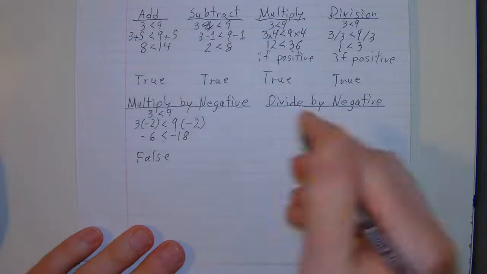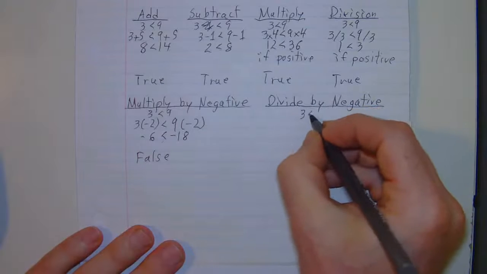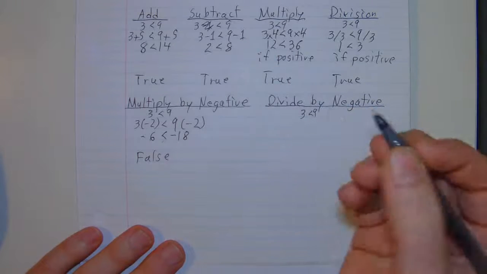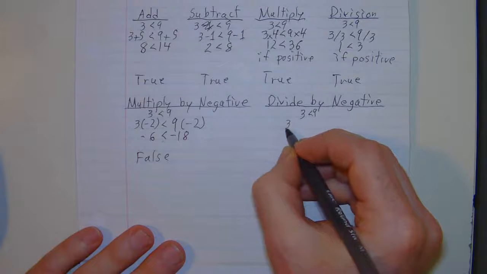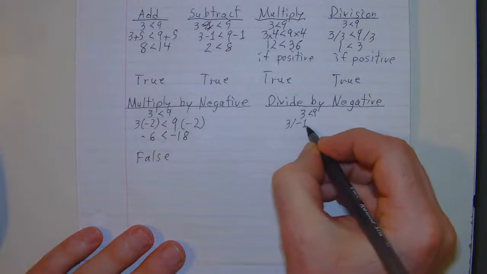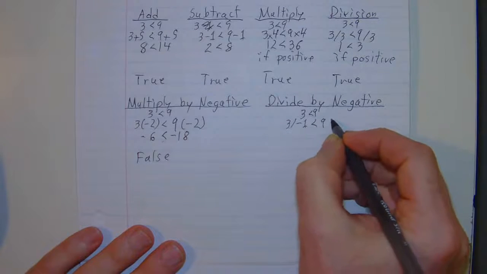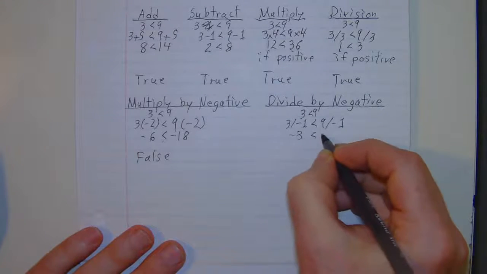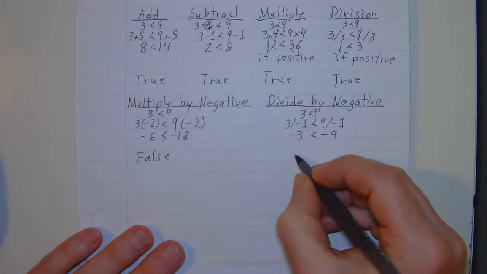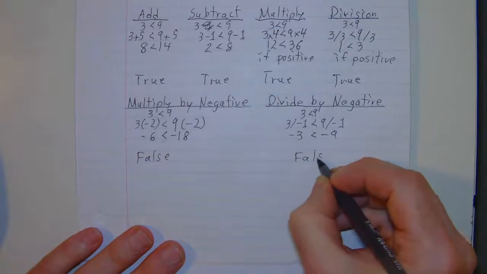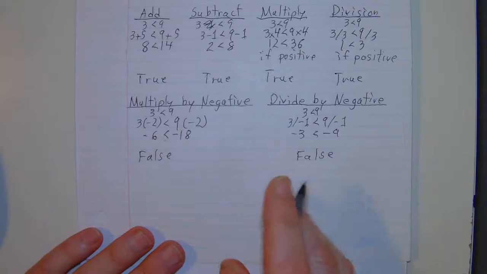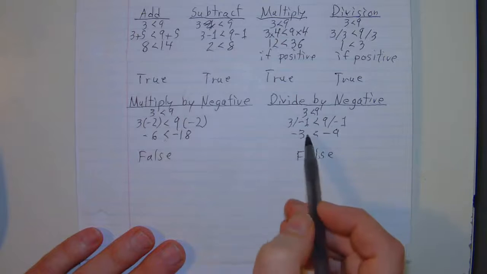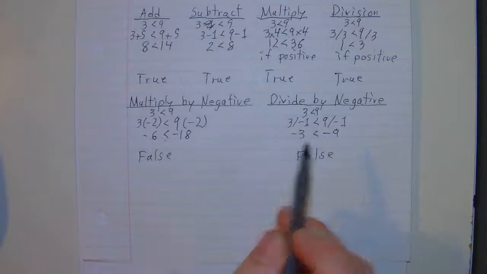let's take a look here. So we have 3 less than 9, and maybe we divide by -1. So 3 divided by -1 less than 9 divided by -1, -3 less than -9. And once again, we find that this is false. -3 is going to be to the right of -9, so it should be greater than -9.